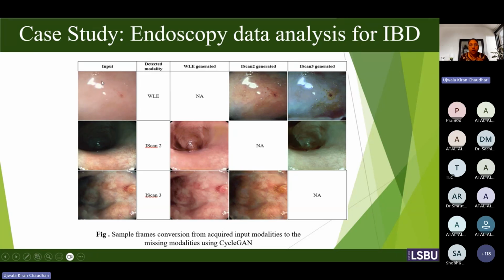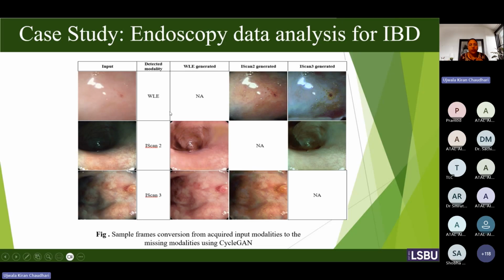You can see at the column headings: the provided input, then the detected modality of that input, which is white light. Out of this white light, what is generated is the iScan 2 modality and the iScan 3 modality. You can see some red patch in the first image, and how prominently it appears with different features in iScan 2 and iScan 3.